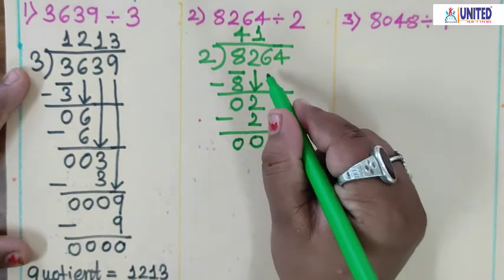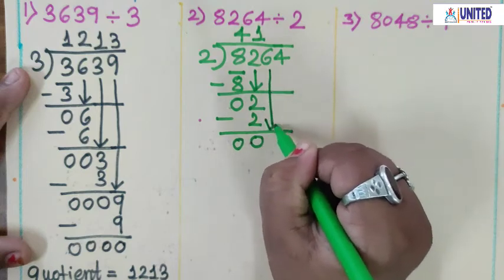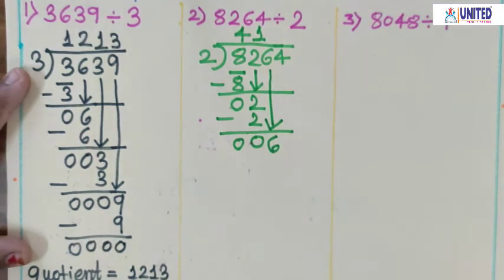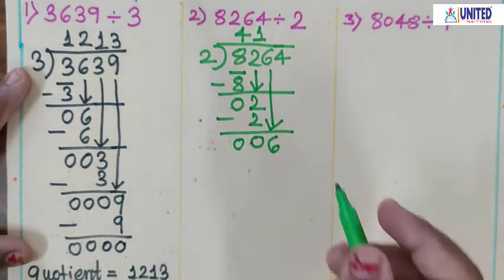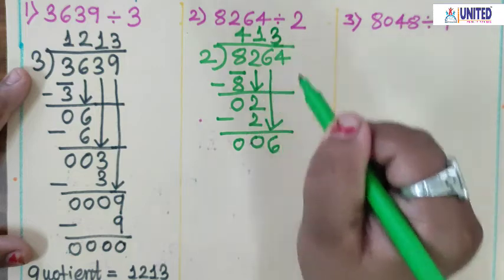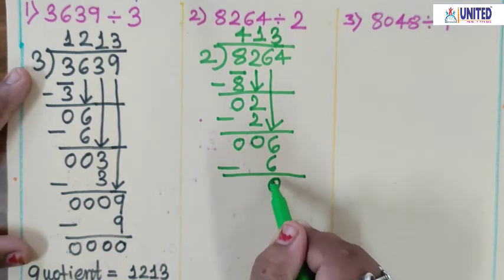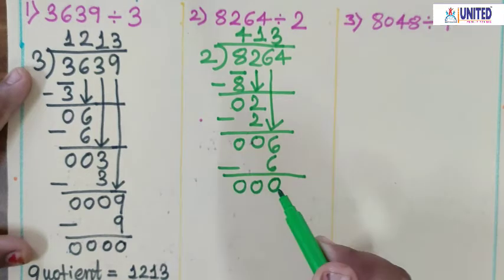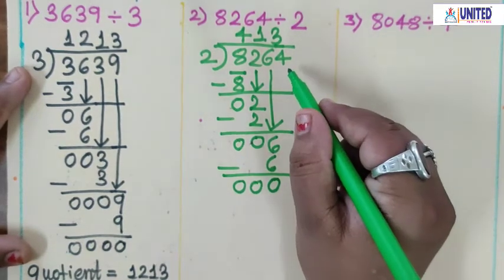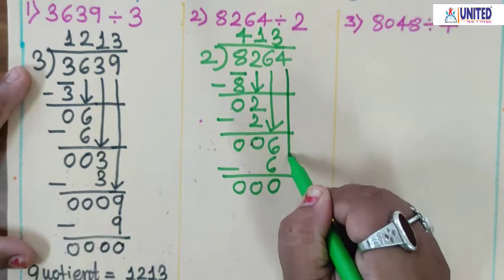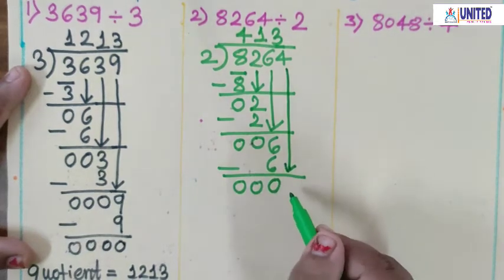Right? Now next number is 6. Now I take the 6 downside. So 6 is again greater than 2. So we can divide it. So 2 3s are 6. So we write here 2 3s are 6. Okay. Now 6 minus 6 is 0. Okay. Now the next number, what is remaining? 4. So also we take this 4 at the downside.